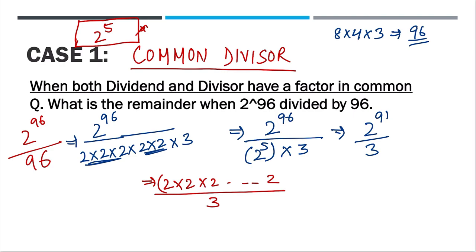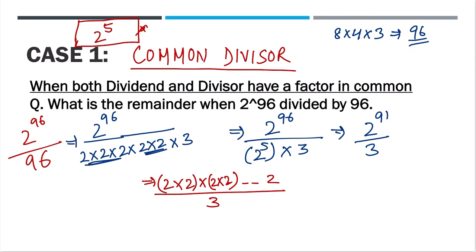I will do a grouping of 2 each. Why? Because I know 2 into 2 is 4. I can get a remainder of 1 or minus 1. Always remember, in a given question, try to get a remainder of 1 or minus 1. That is going to simplify the question for you a lot.